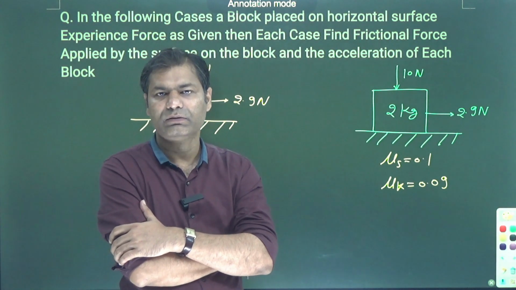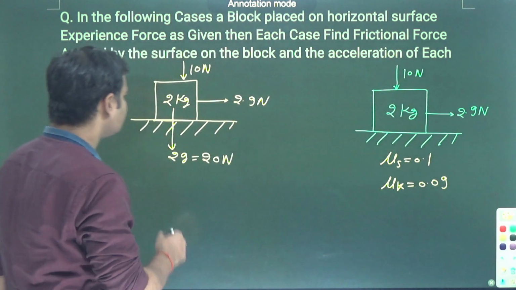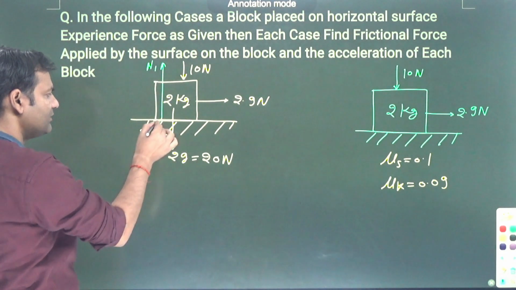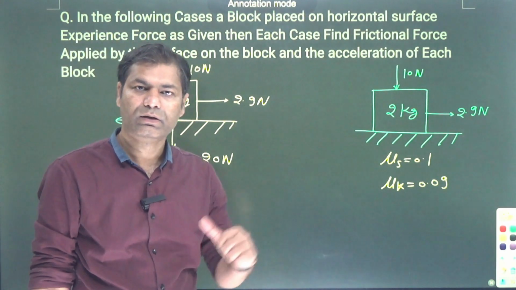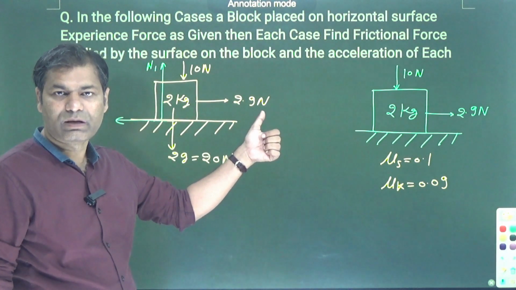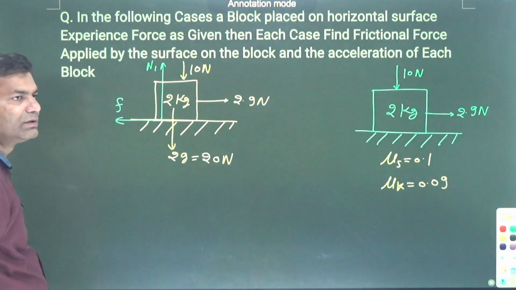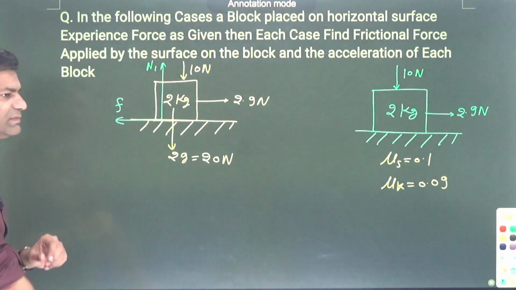First one, the normal component, perpendicular to the surface, that is N1, and second one parallel to the surface, horizontal, opposite to the applied force. Clear or not?